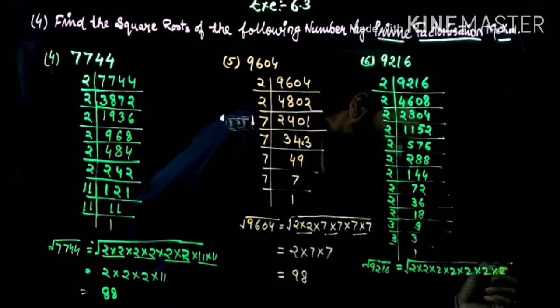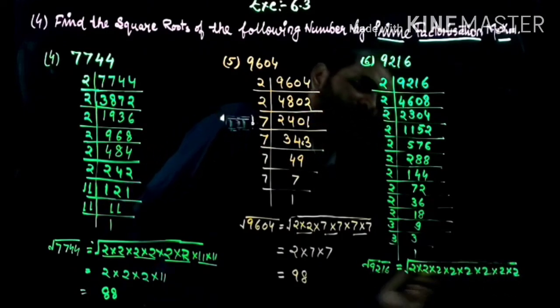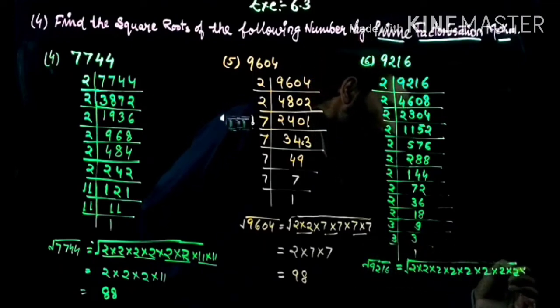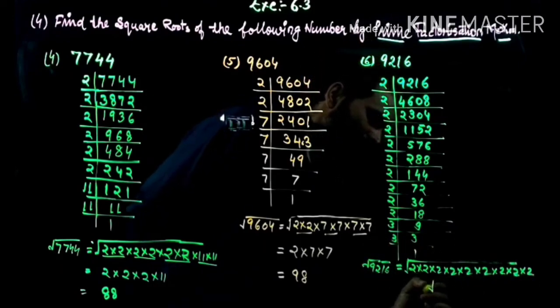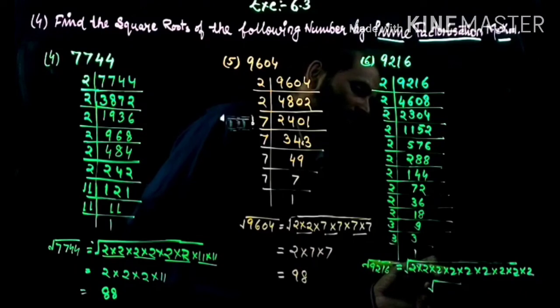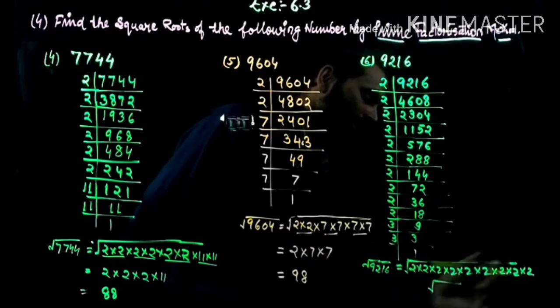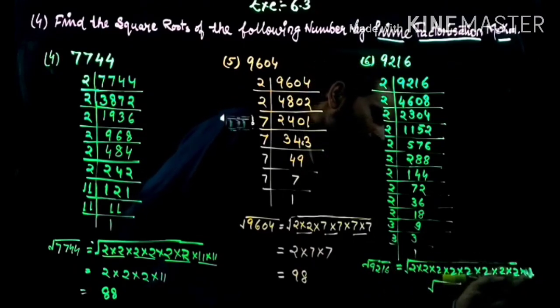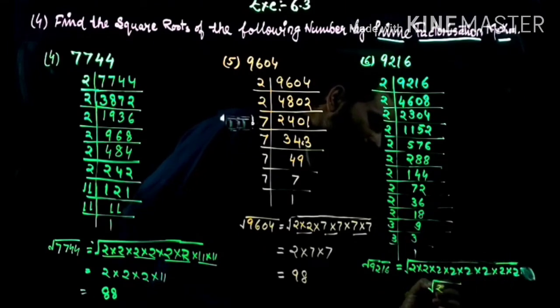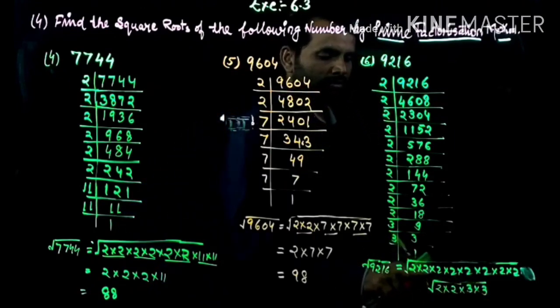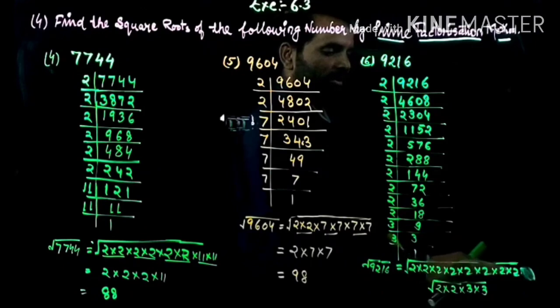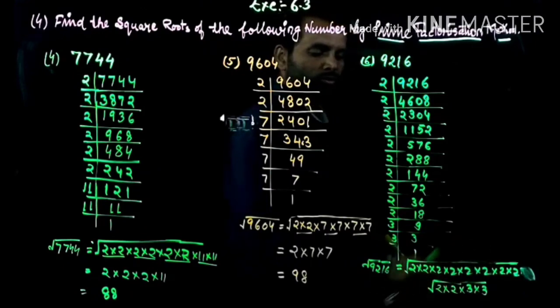Then 2 2, okay, into 2. Next line you will understand 1 2 3 4 5 6 7 8 9, and here we will write 2 into 2 into 3 into 3. Okay, so 1 2 3 4 5 6 7 8 9 10 11 and 2 times 3.